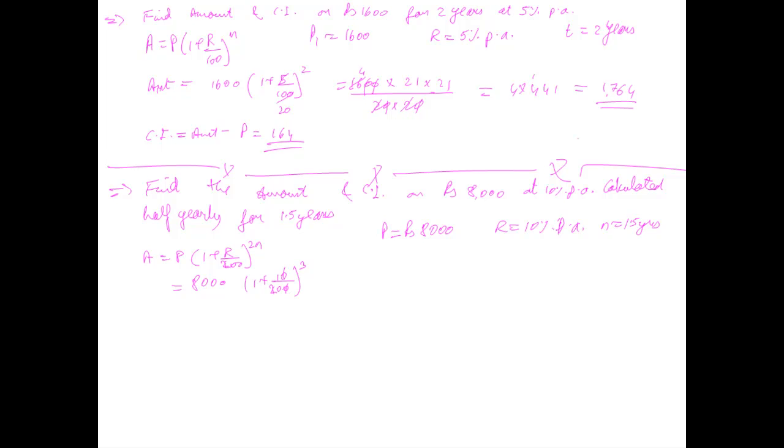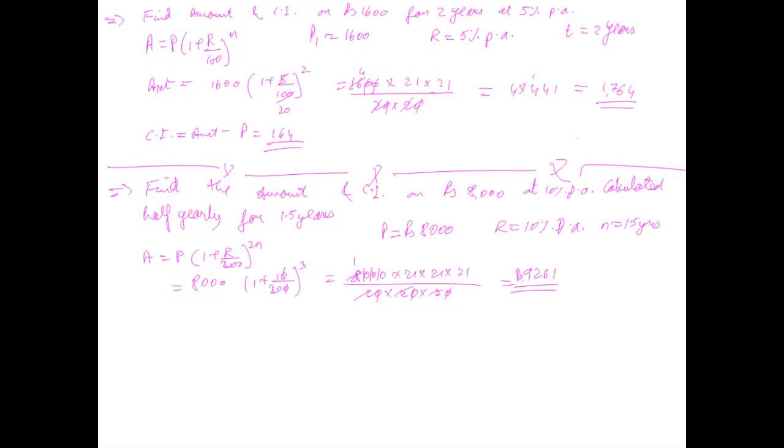Now children, it's 8,000 times 21 upon 20 cubed. 21 cubed, children, we leave it as it is, and 20 cubed cancels with 8,000. 8 and 8 cancel. We get 21 cubed, and 21 cubed with the help of logbook, children, we can find out is 9261.